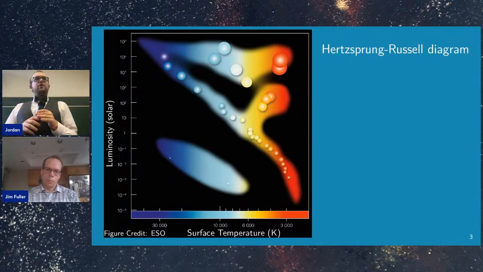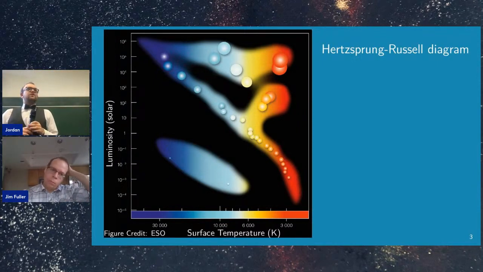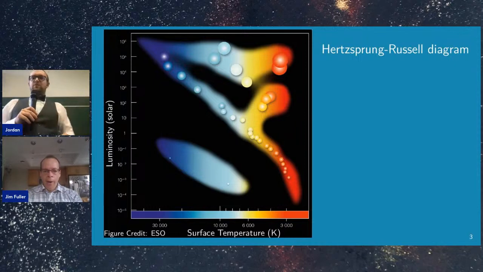So when astronomers study stars, there's one thing that astronomers love, and that is putting things in boxes. And so we also put stars in specific boxes, or we classify them.